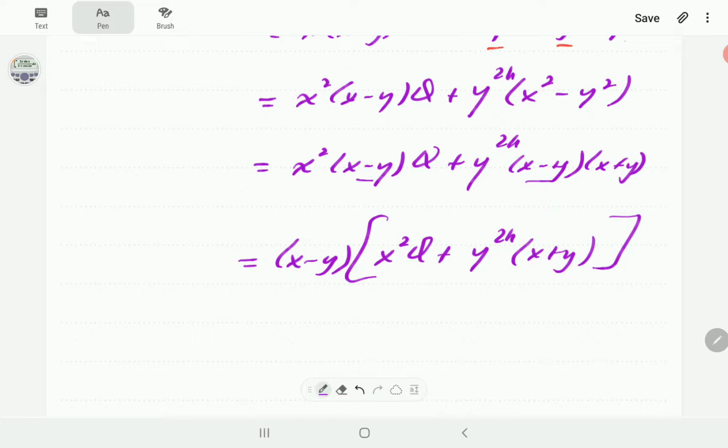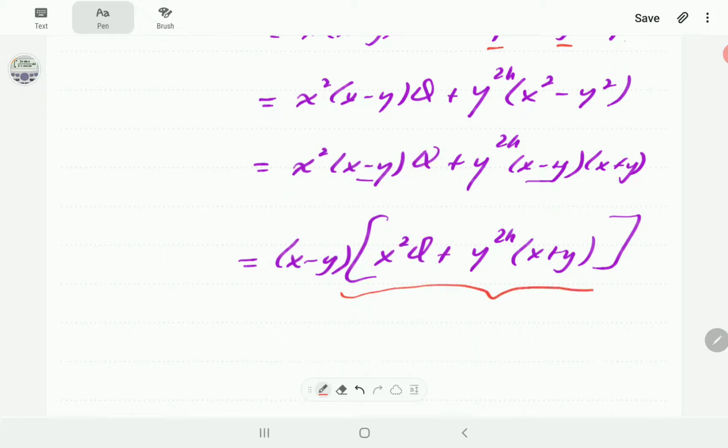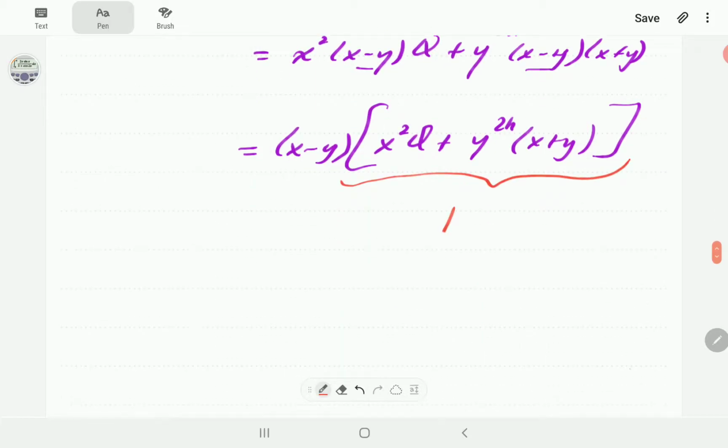Now q is a polynomial, x squared is a polynomial, so x squared q is also a polynomial. x plus y is a polynomial, so a polynomial plus a polynomial is a polynomial, so this whole thing here is a polynomial.